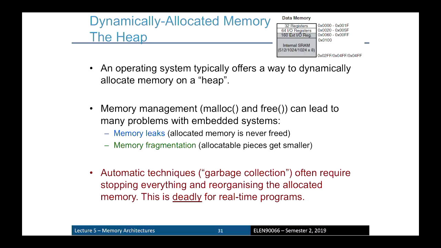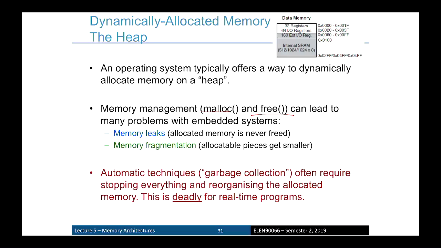The heap is a much more complex object. If you've ever used these functions here, malloc and free, what they are doing is accessing a heap. What's a heap? It's like a block of free space you have, and if you call the function malloc, the operating system looks for a spot in the heap to put your variable.